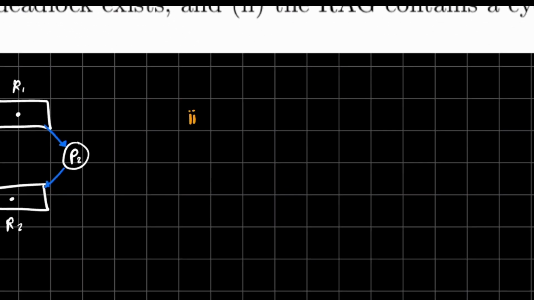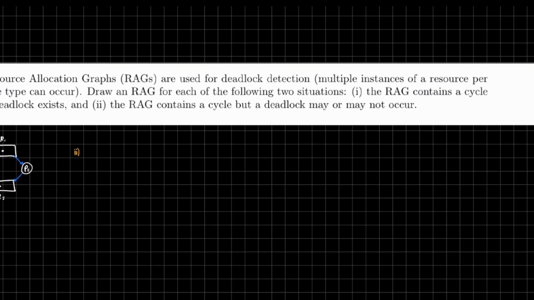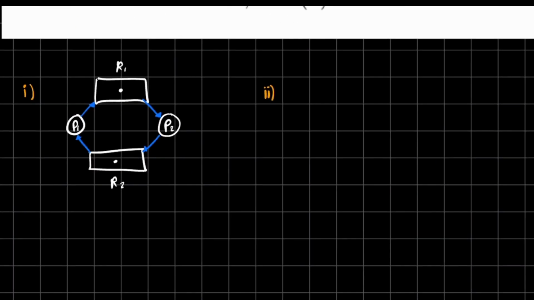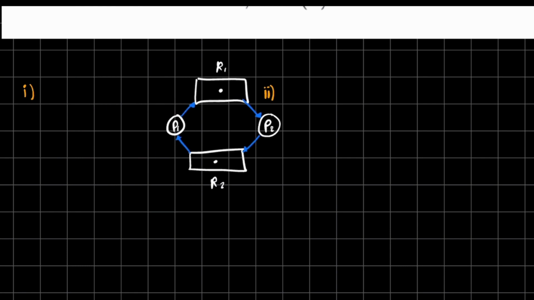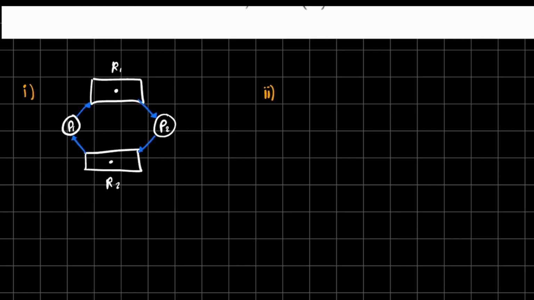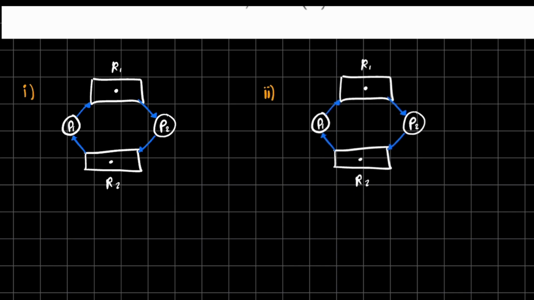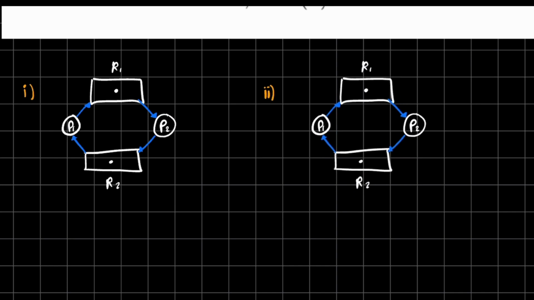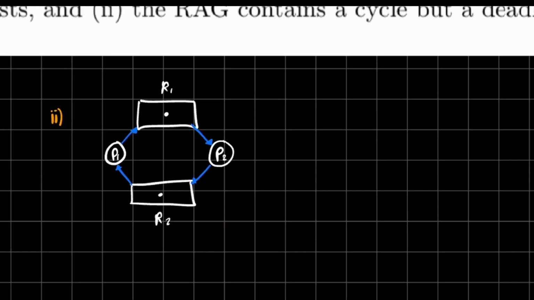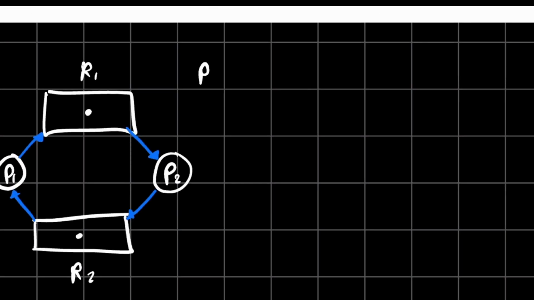However, we can go for the second case, and it says here the RAG contains a cycle, but a deadlock may or may not occur. So in this case, what we can do is the following. Hold on, let me just duplicate this. This is going to be quite similar to our actual exercise here, but we're going to add a P3.